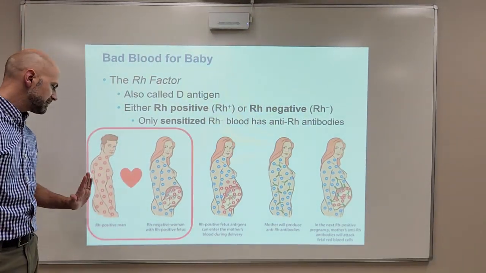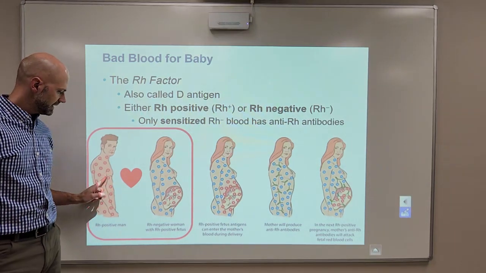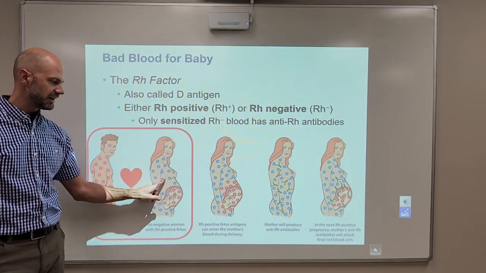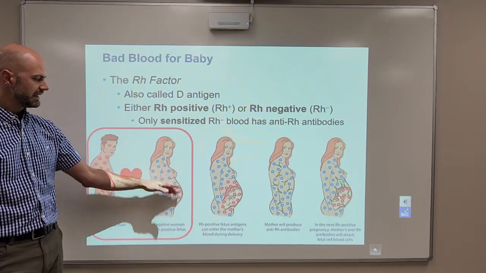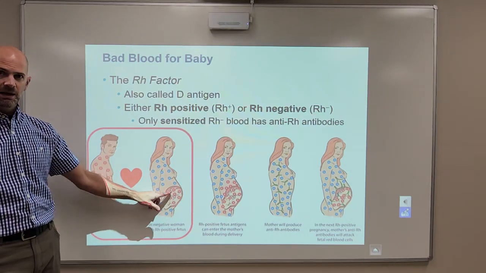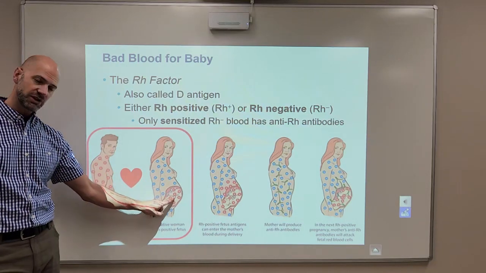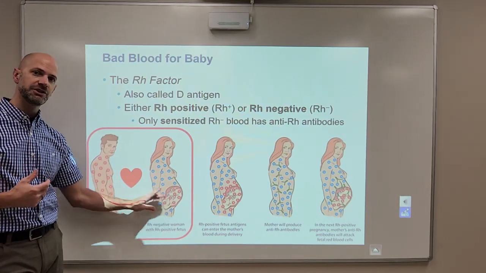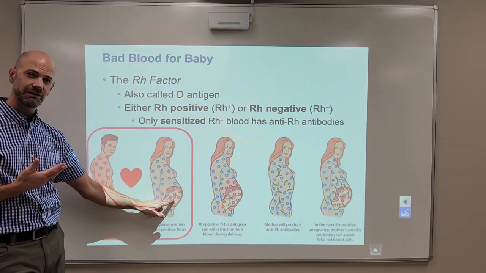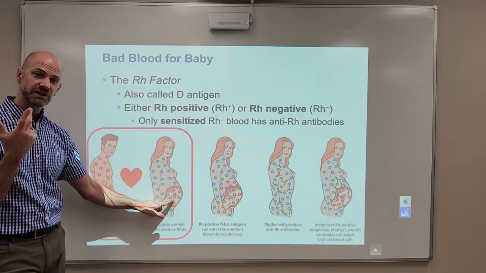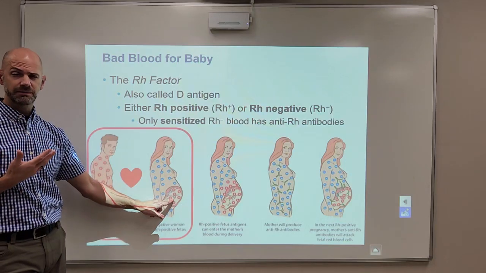Okay, you have an RH positive man, indicated by these red pluses, and you have an RH minus or negative woman. And they fall in love and they get together and they have a baby. Because each offspring is going to have a combination of the man's and the woman's genes, this baby will potentially have RH factor, okay?